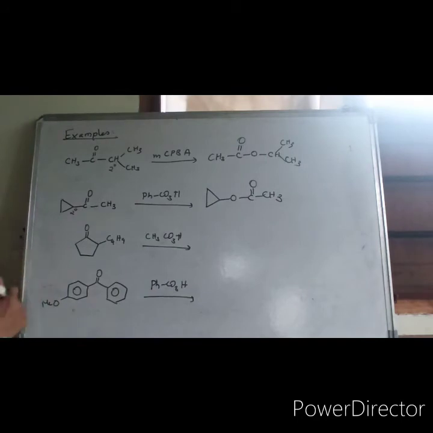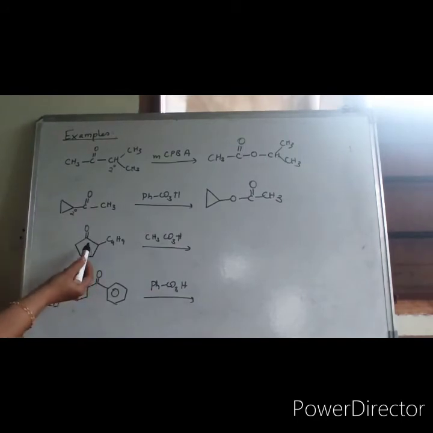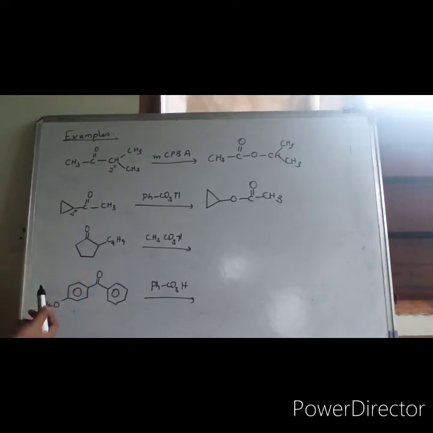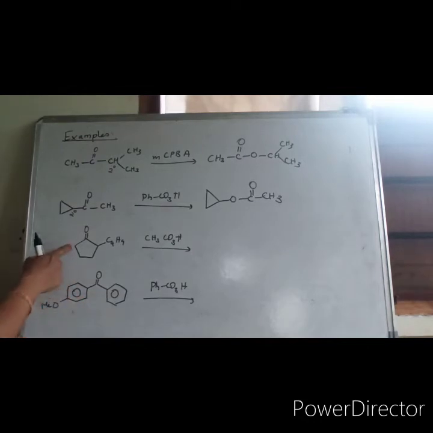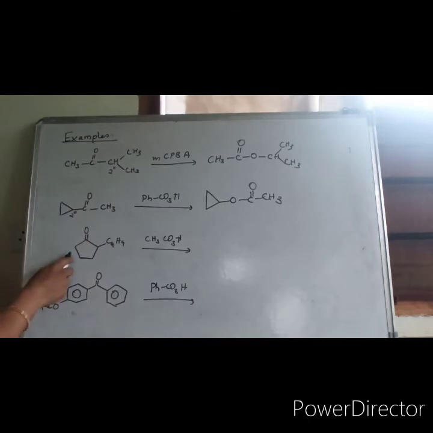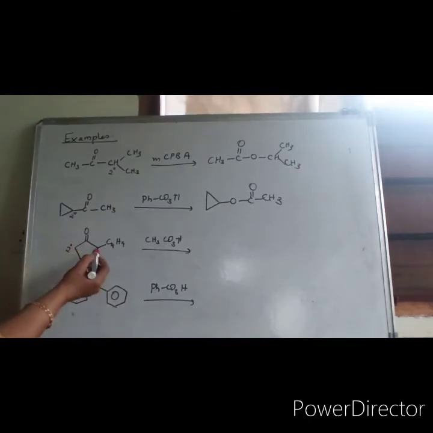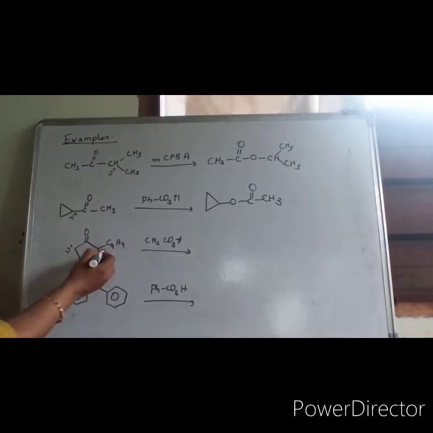Now in this example, it is a cyclic system. Which group will be migrating? For that you have to write the mechanism of the reaction. Here you have to see this is a CH2 group, this carbon is attached to 1, 2, so that means this is the secondary alkyl group. And if you see here, this carbon is attached to 1, 2, 3, so this is a tertiary alkyl group.